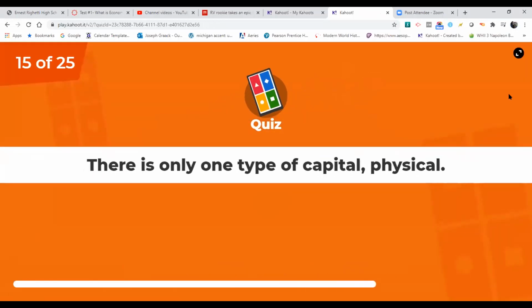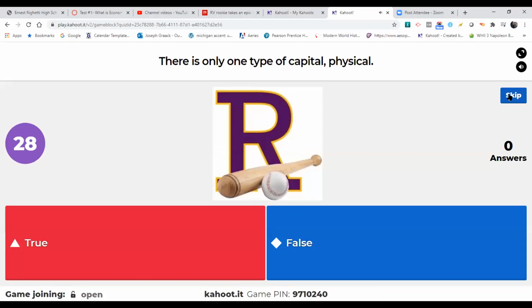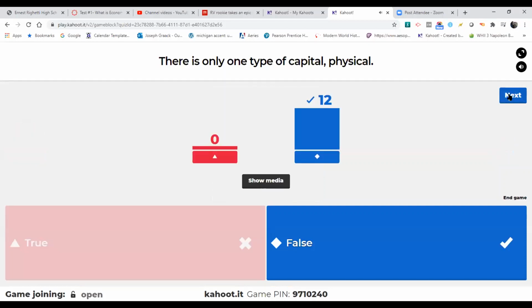There's only one type of capital, physical. Is that true or false? False. There's more than one type of capital.